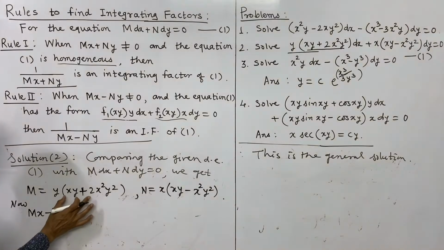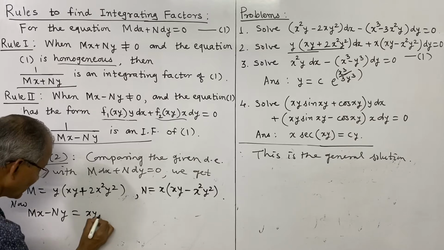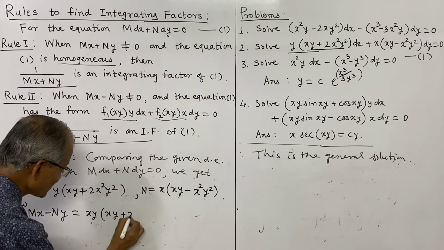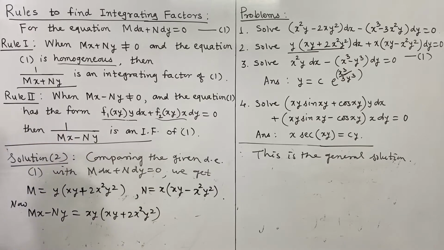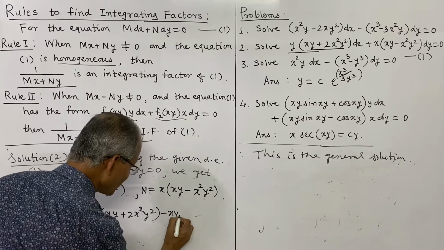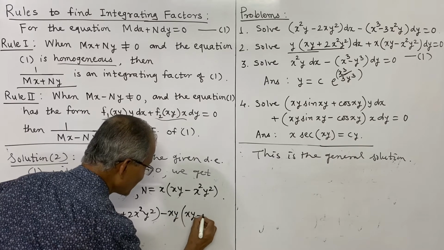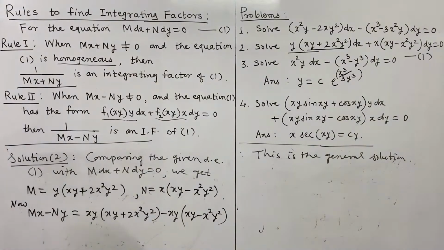multiply by this m by x, so it becomes x into y, in bracket xy plus 2x square y square, this much is mx, minus multiply this by y, so it becomes xy in bracket xy minus x square y into y square. Now check this.